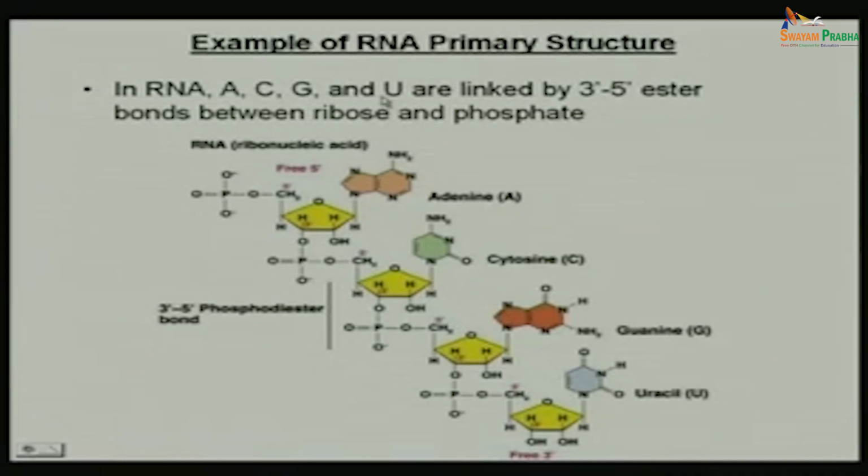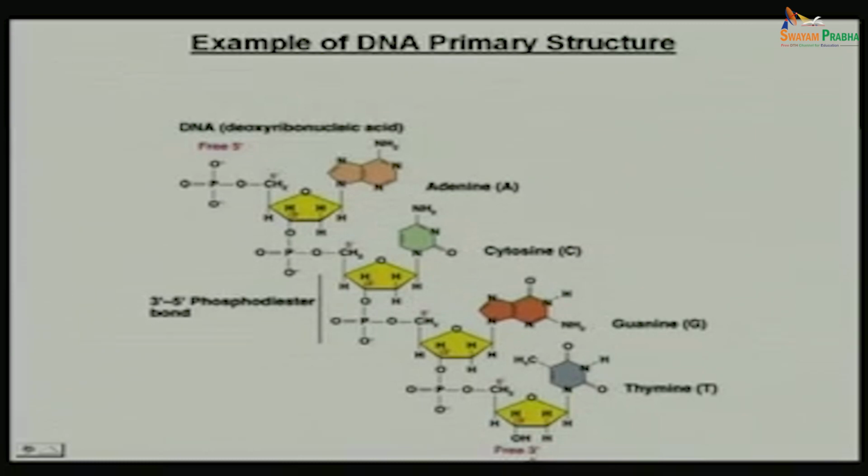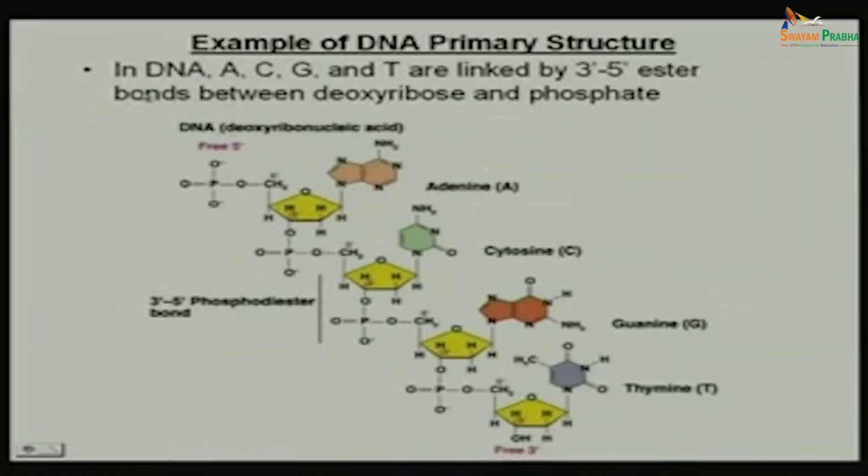Now, here is the example of the RNA primary structure. Here T is replaced by U, and here 3' to 5' ester linkages are there. So we can say 5' A, C, G, U and 3'. Whereas in case of DNA, you see U is replaced with thymine.